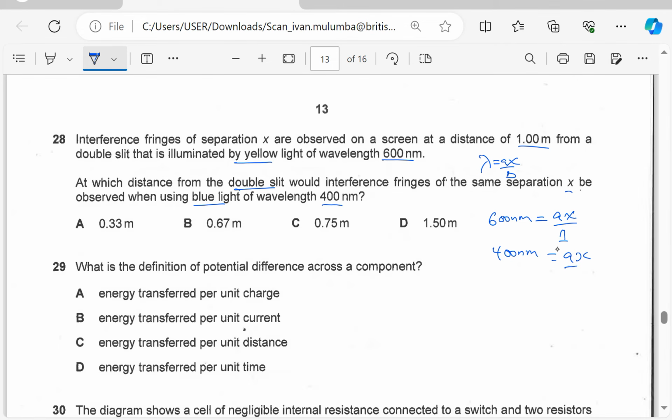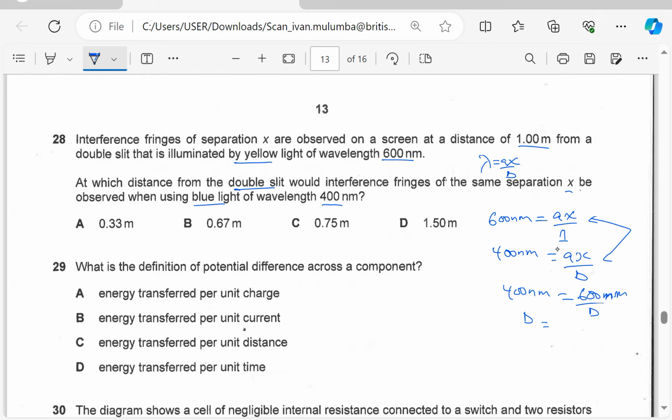The fringe separation is still X, but D has changed. So I just combine these two equations. Where there is AX, I'm just going to put 600. So I'll say 400 nanometers is equal to 600 nanometers divided by D.